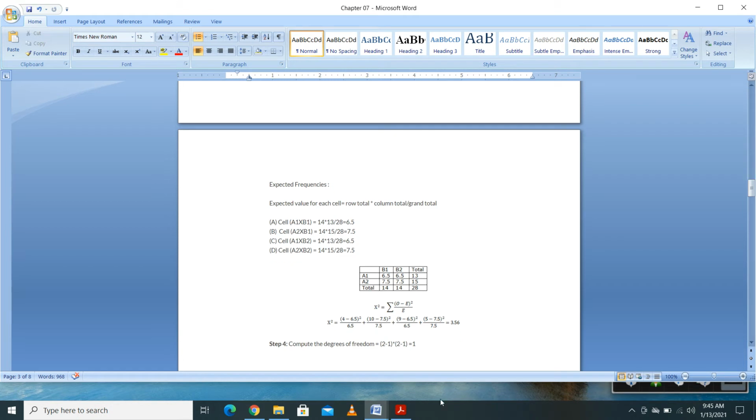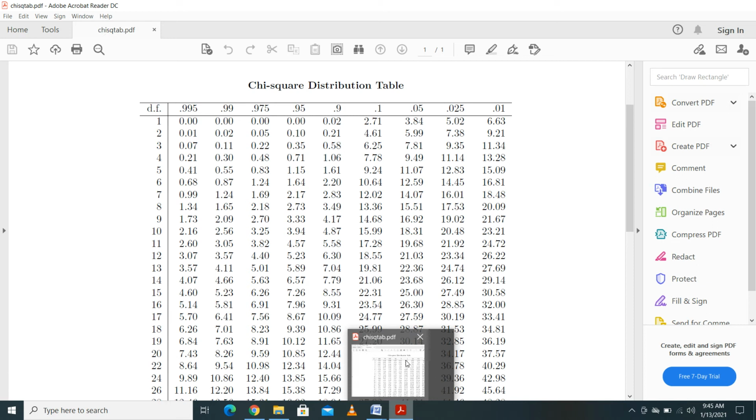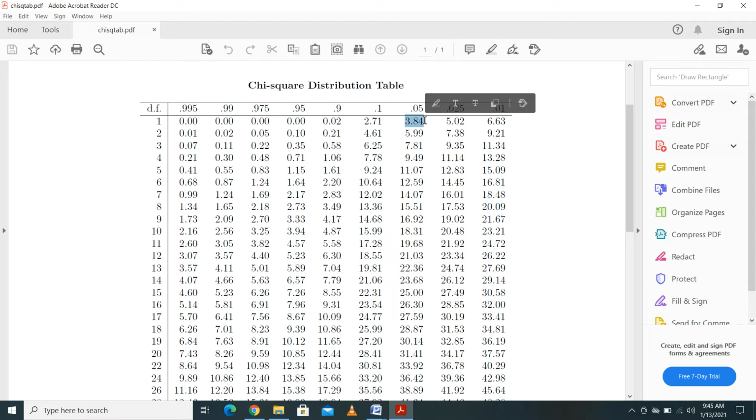Now we can look at the chi-square table. Our degrees of freedom is 1 and the significance level is 0.05, so the table chi-square value is 3.84.